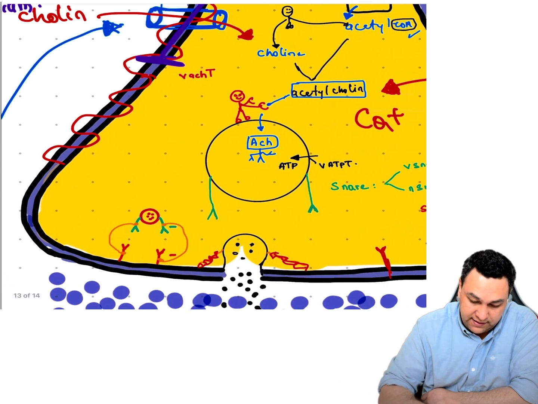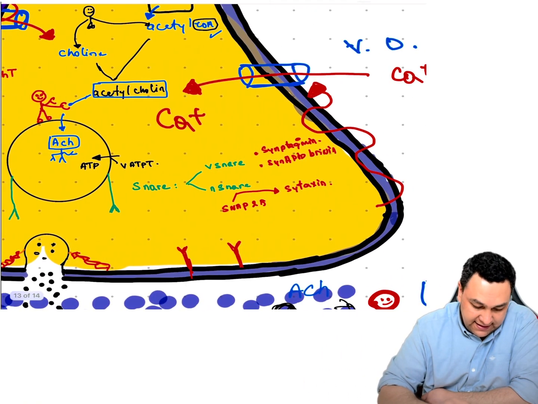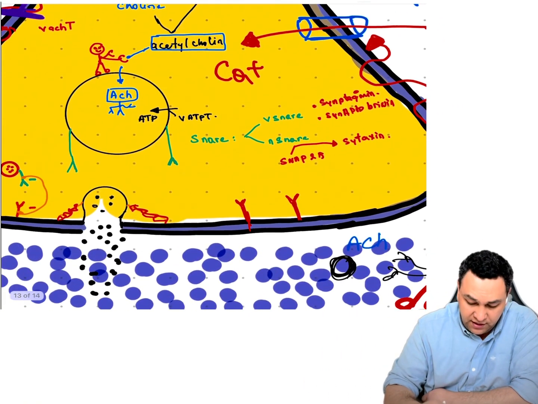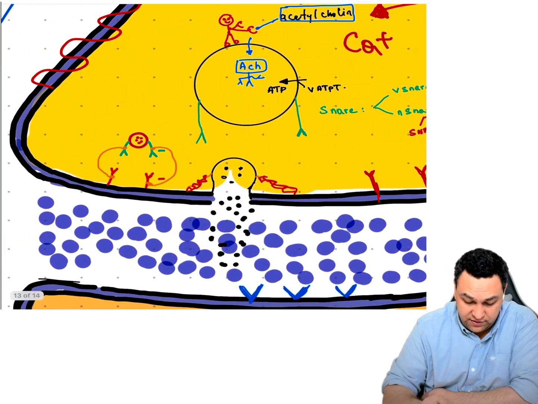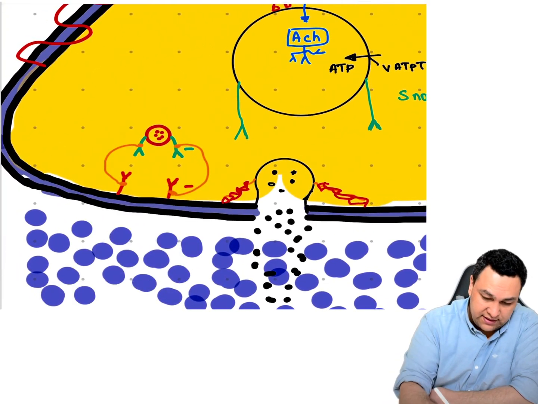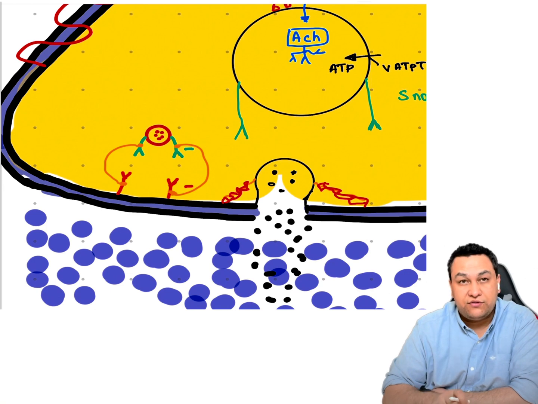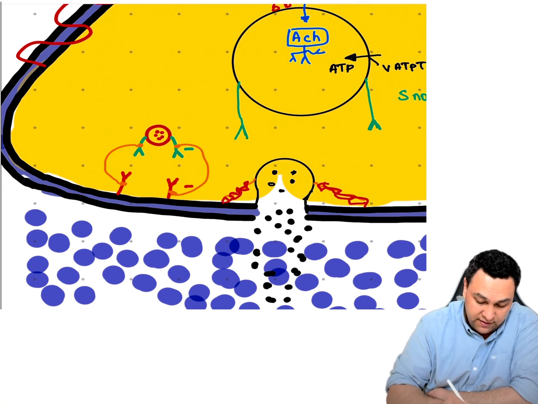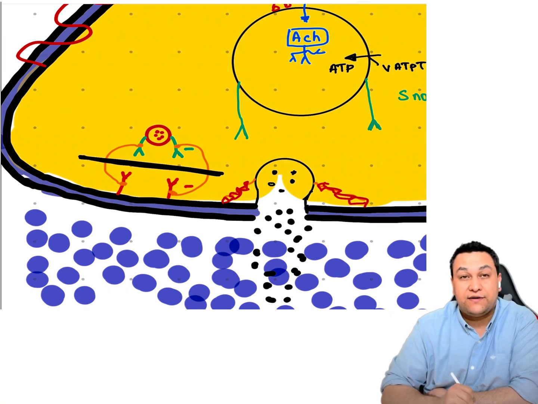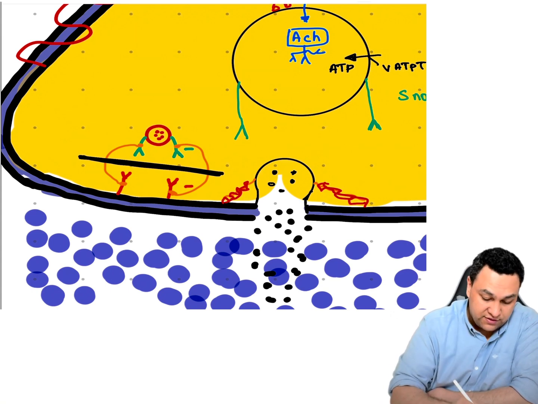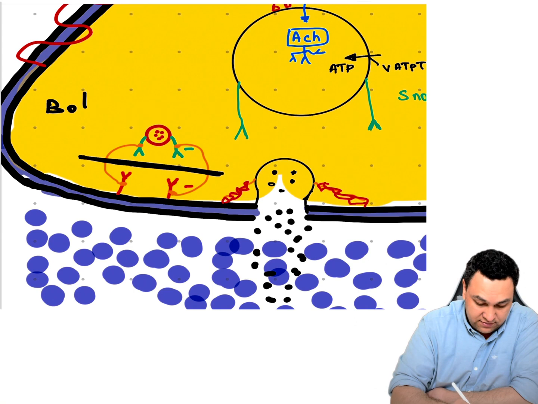And then another blocker can be seen in the SNARE proteins here. As the calcium comes and tries to bind the SNARE proteins with each other, there is a toxin which inhibits this attachment, and that toxin is called botulinum toxin.